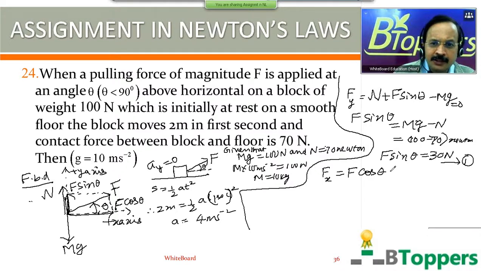From Newton's second law, it is equal to the product of its mass and the magnitude of its acceleration. Here the mass of the block is 10 kg and the acceleration is 4 meters per second square. So the magnitude of the horizontal component of the pulling force is equal to 40 newtons.